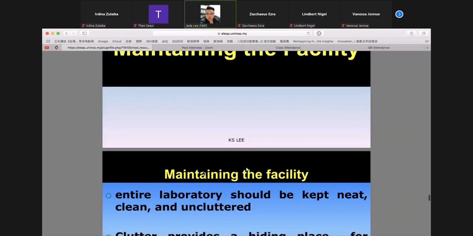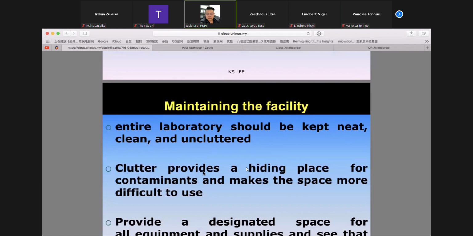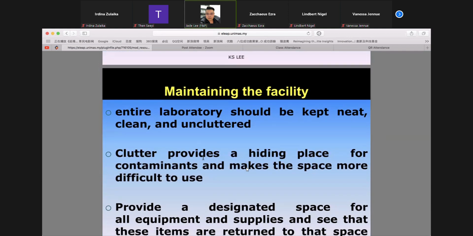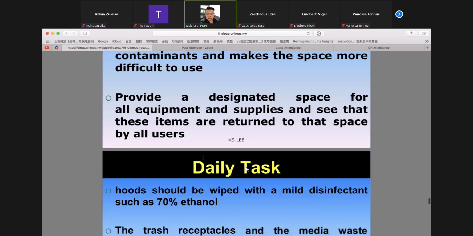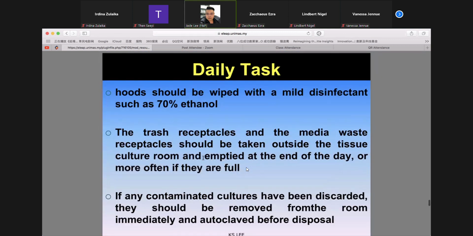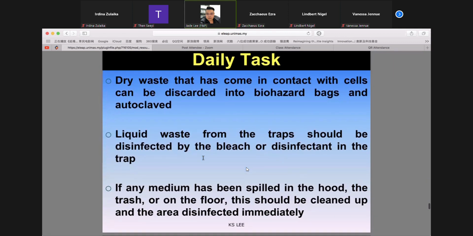So how about the maintenance of the facility? It is very important to maintain the facility so that it is always clean and tidy, and of course to reduce contamination. So there will be daily tasks. I'm not going to talk in detail. I think this is very general knowledge for you. When you read, you can understand. So what are the daily tasks that you need to perform?